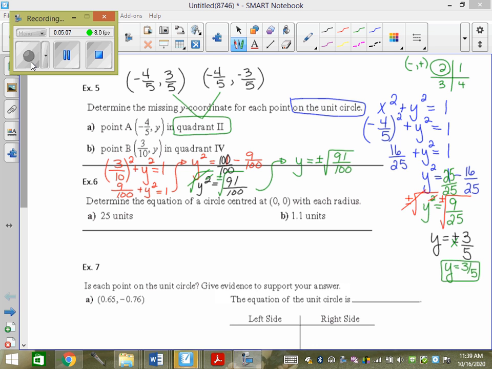There are times when splitting the radical is important, where you put the radical over the numerator and the denominator separately, and that is when one of those numbers is a perfect square and one of the numbers is not. And in this case, 100 is a perfect square, right? So I can go y equals plus or minus root 91 over root 100. And the reason why I would split that is because root 100 is just 10.